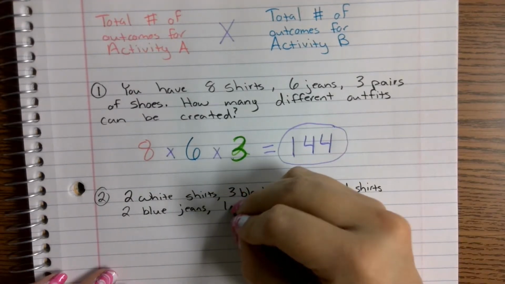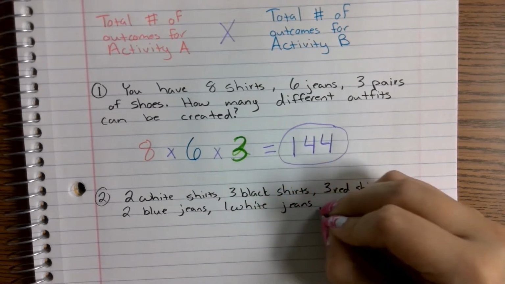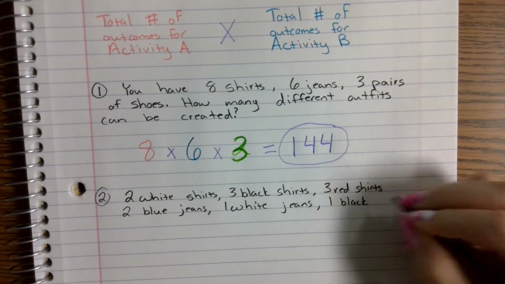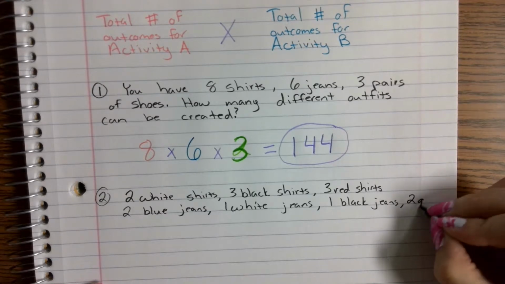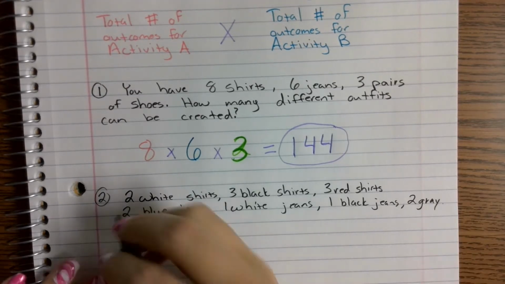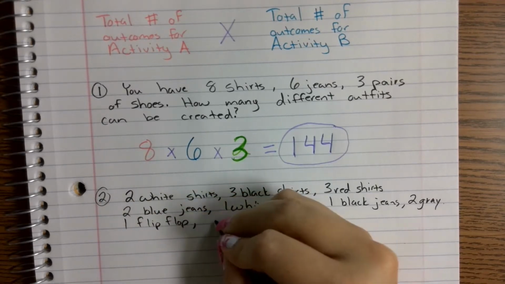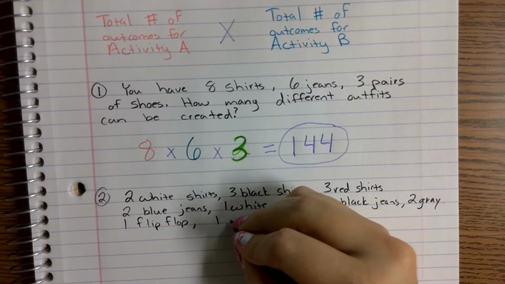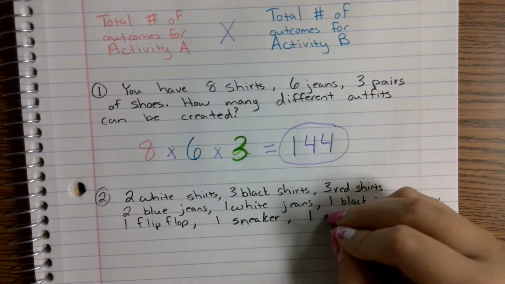For the jeans, I've got 2 blue jeans, 1 white jeans, 1 black jeans, and 2 gray jeans. And for the shoes, I've got 1 flip-flop, 1 sneakers, and 1 dress shoe.